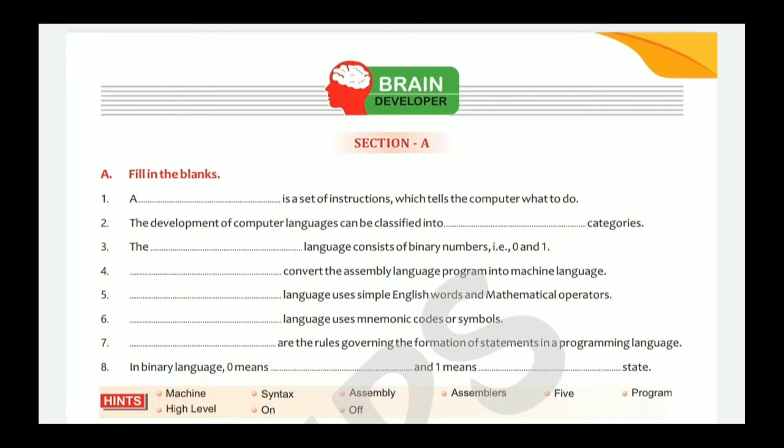The dash language uses simple English words and mathematical operations, is high level language. The dash language uses mnemonic codes or symbols, is assembly language. The dash are the rules governing the formation of statements in a programming language, is syntax. In a binary language, 0 means on and 1 means off state. I hope all the fill in the blanks are clear to all.